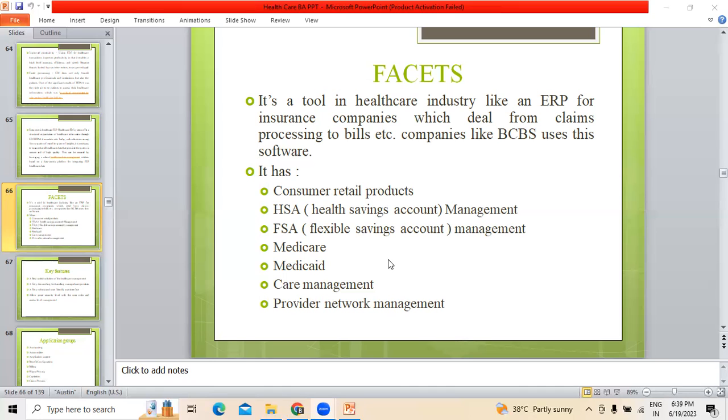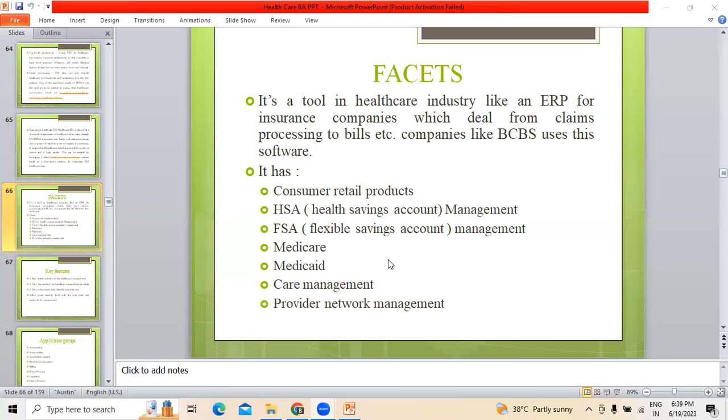Now, when we see the facets application at a high level, these are the functionalities available under facets. The first is consumer retail products. By retail products, I'm talking about insurance products. If you remember, in the beginning I told you insurance companies will have different insurance products.